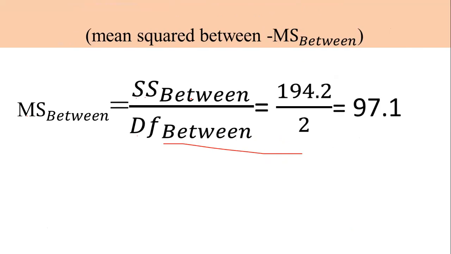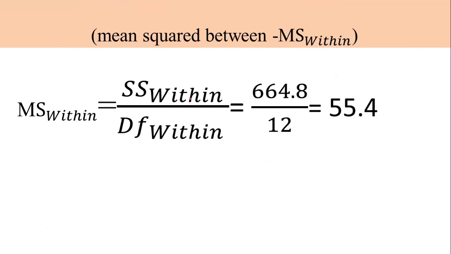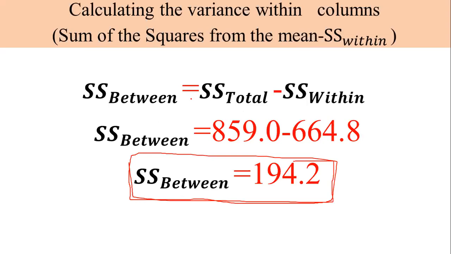So we move to the second level and we calculate the sum of squares within. The mean squares within, which is MS within, equals the sum of squares within over the degree of freedom within. And the sum of squares within, it's here, it was 664.